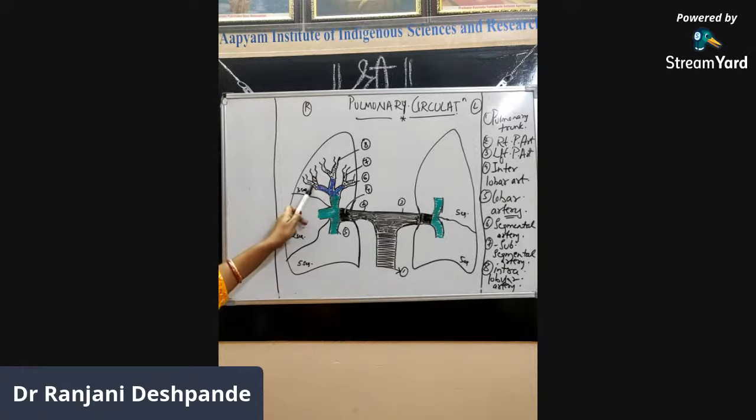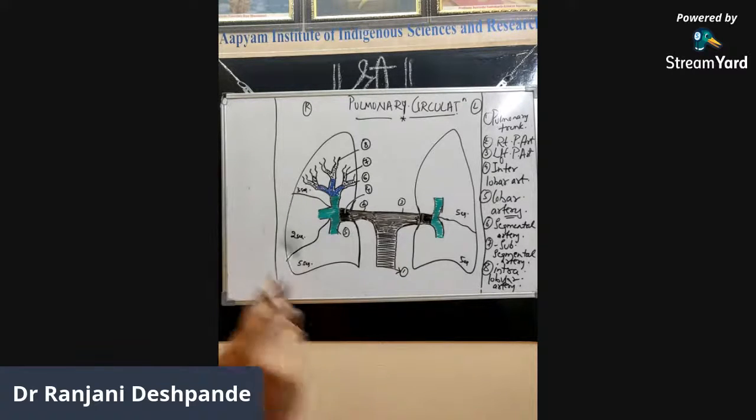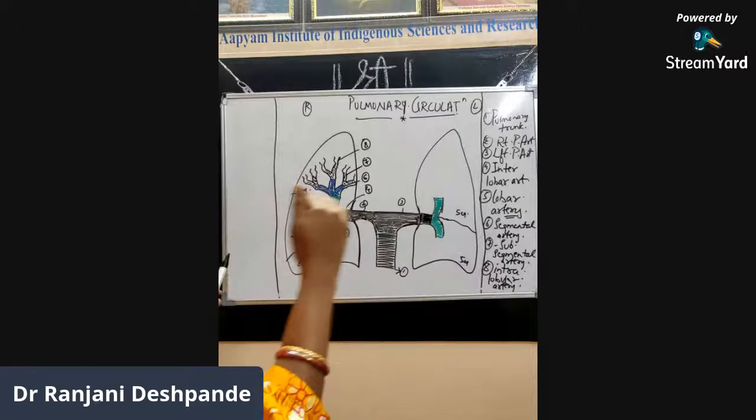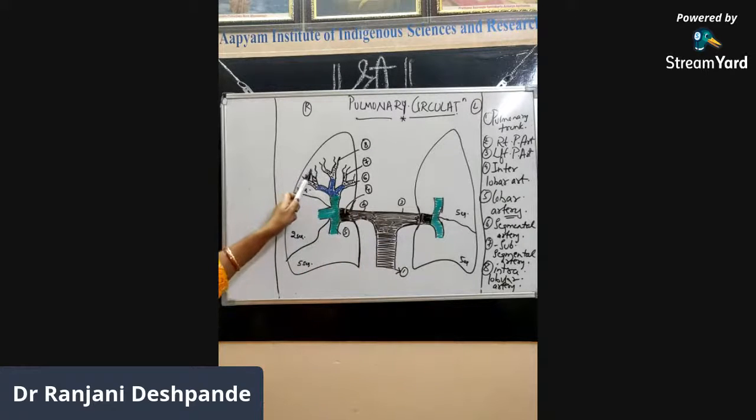These subsegmental arteries will further again divide into smaller arterial structures, and they are called the intralobular artery, because that will be supplying the individual pulmonary lobules or the lung lobules. That happens at the micro level. Okay, so this happens on the right side.